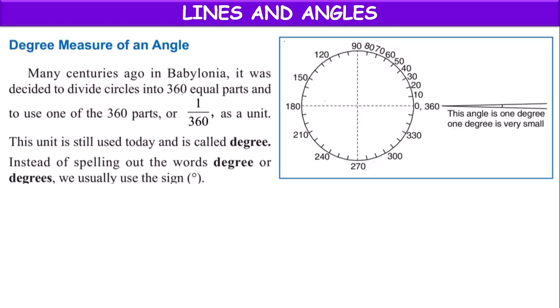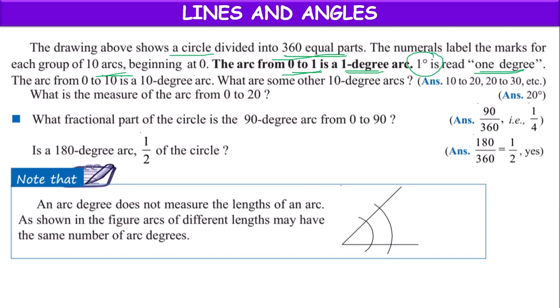Suppose this is 0, this is 10. This arc, this opening, is called a 10 degree arc. Suppose this 0 to 40, a 40 degree arc. 0 to 90, a 90 degree arc. Like that, we have 10 degree arcs, 20 degree arcs, like that.